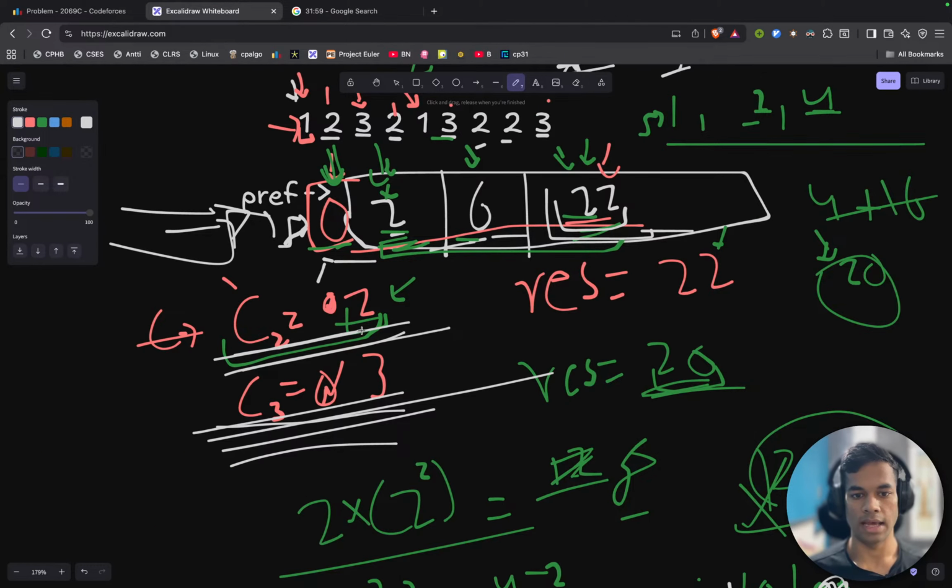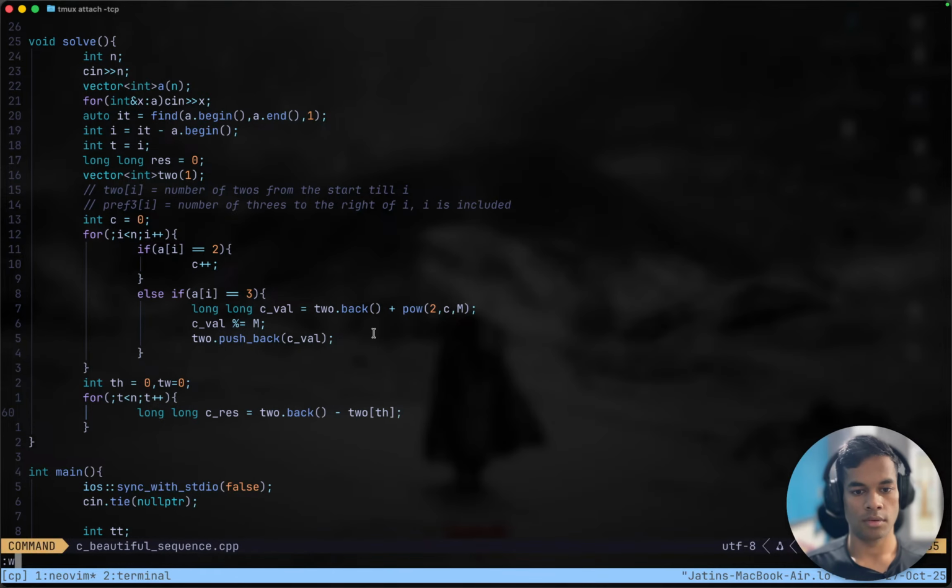And then we have to right shift this whole amount by this value. Also we would like to keep track of the original number of threes, which is size of 2 minus 1.